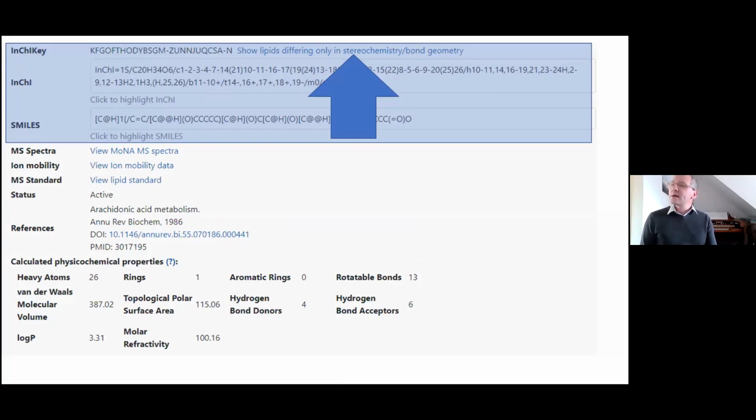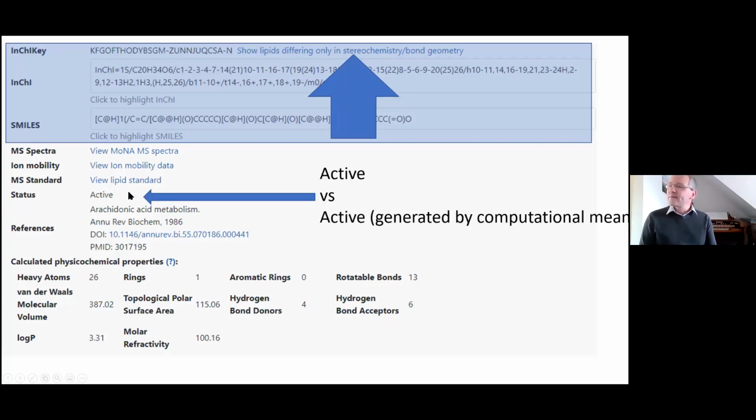So lipids that are stereoisomers of this one or have cis-trans double bond differences only. And following on from that, there are links to spectra in MONA or the ion mobility database if that's there, lipid standards. Then there's the status of the lipid.